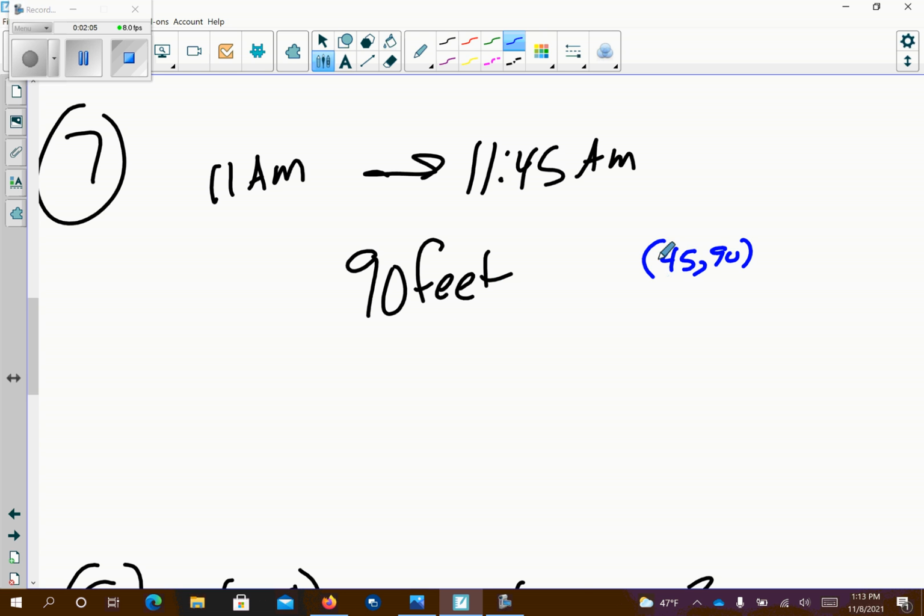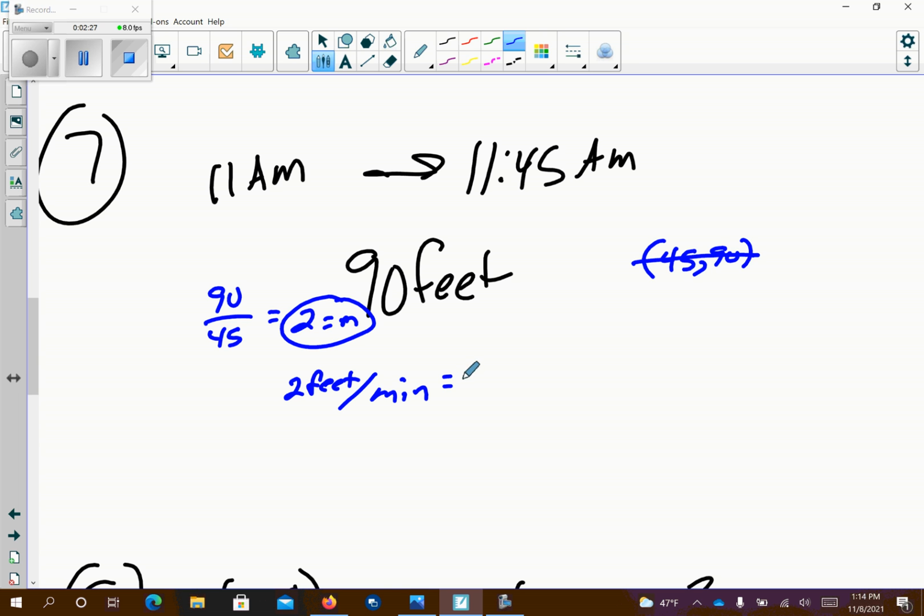We could say it looks like they did 90 feet in 45 minutes. So if we reduce that, we have a slope of 2. So that means that they are climbing at 2 feet for every minute. 2 feet per minute. That's our slope.